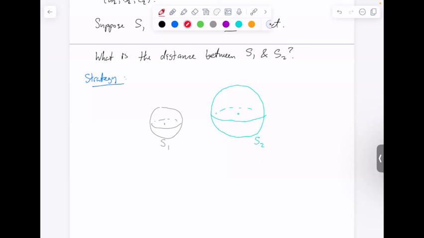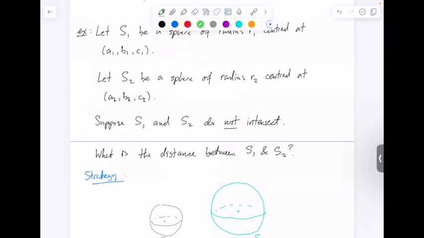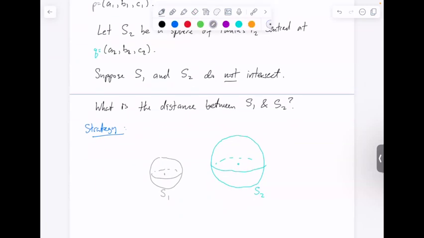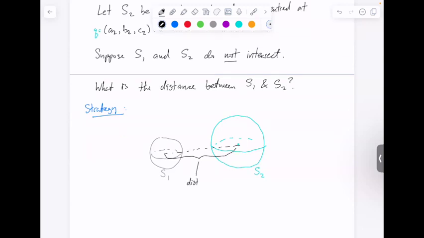Let me call this center P, and let's say I have a different center Q for the second sphere. One thing I have for sure is a measurement of how far apart the centers are. This is given by the distance from the center P to the center Q.